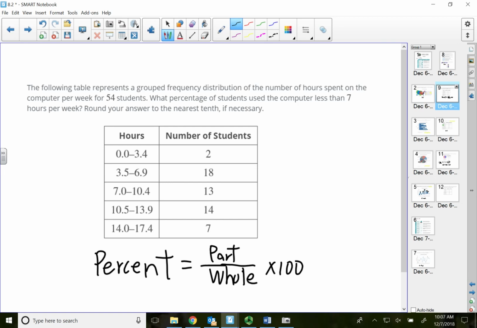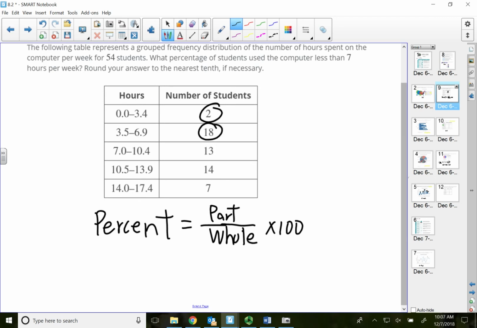So less than 7 hours, this is 7 hours to 10 hours, so less than 7 will be referring to 18 and 2 together. So 20 students is less than 7 hours out of the whole thing, which is 54 students, times 100.